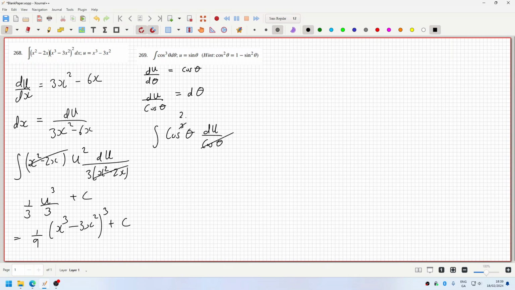That cancels down to cos squared. And cos squared is 1 minus sine squared, which is 1 minus u squared du. So that becomes u minus u cubed over 3 plus c. So that would become sine theta minus 1/3 sine cubed theta plus c.